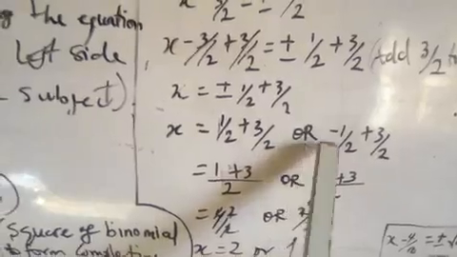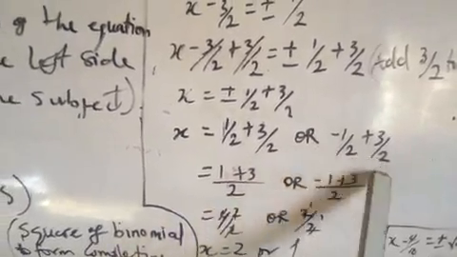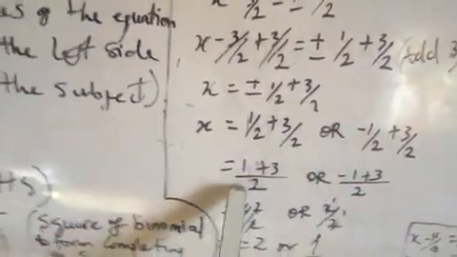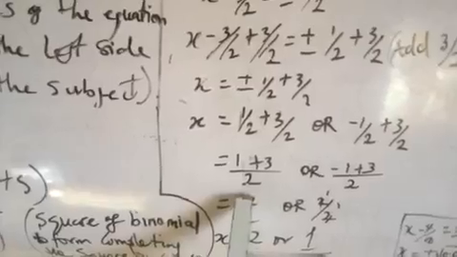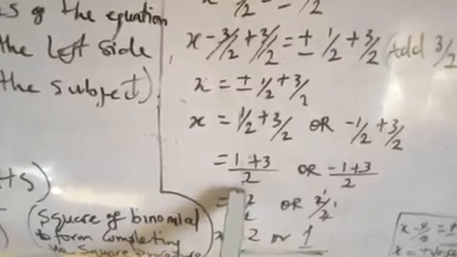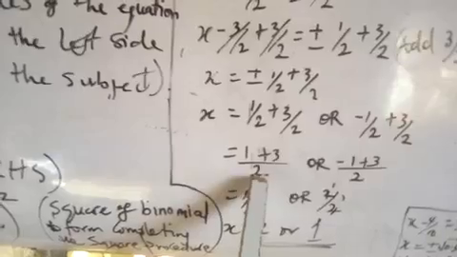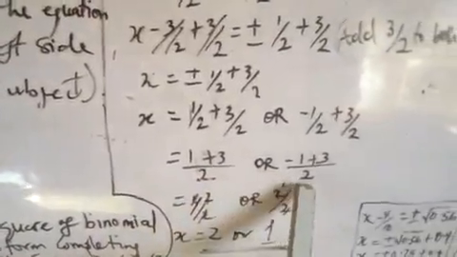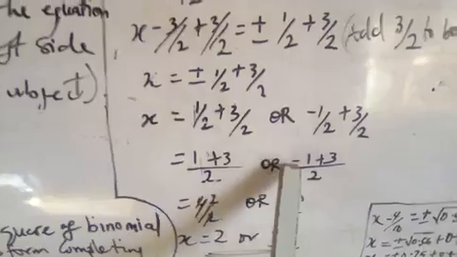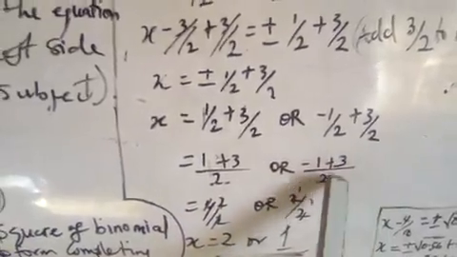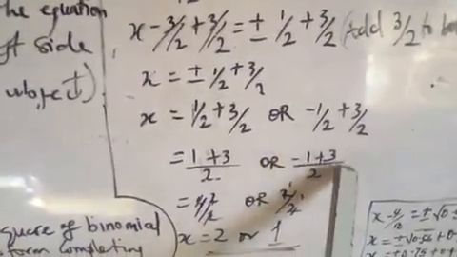So find the LCM, 2 here. 2 into 1 times 1 is 1, 2 into 1 times 3 is 3, or 2 into 1 times minus 1 will give you minus 1, 2 into 1 times 3 will give you 3.